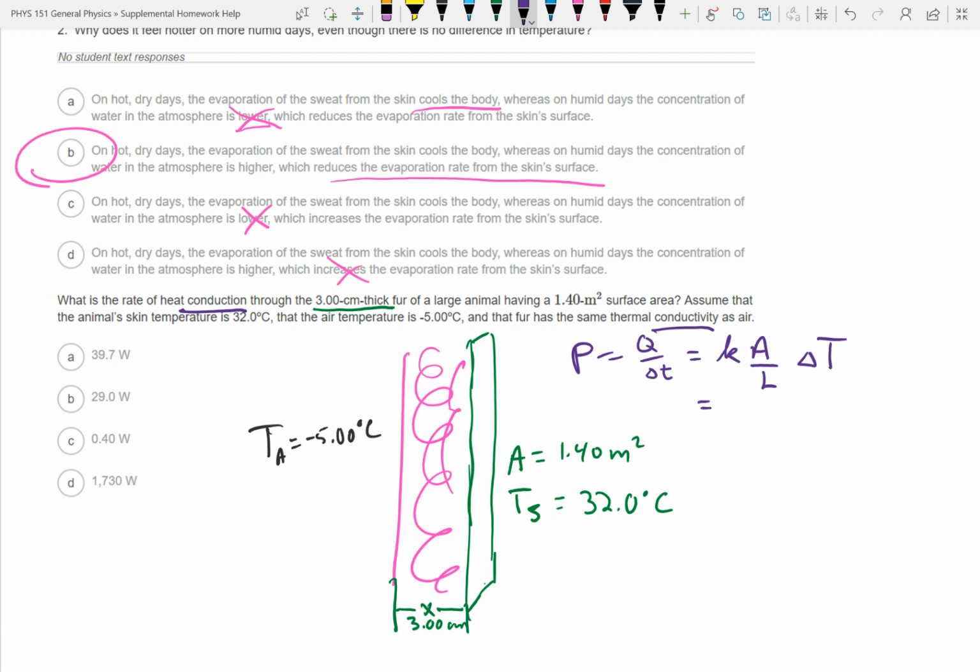Here we go. Thermal conductivity for air is 0.023 joules per second meter degrees Celsius.